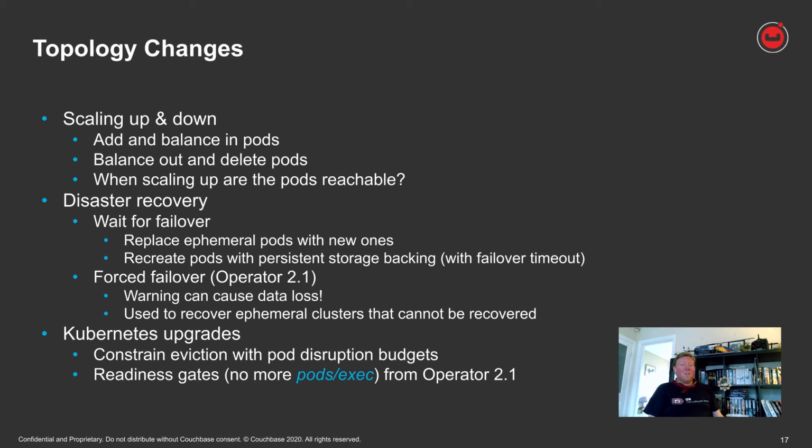At which point those pods are completely ejected out of the cluster, and the operator can go, I tell you what, our 5-node cluster is now 2 nodes, it needs to be 5. Add some more pods in, scale it up, and away you go.